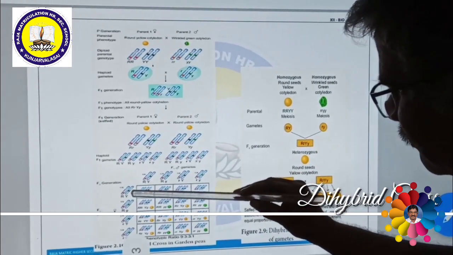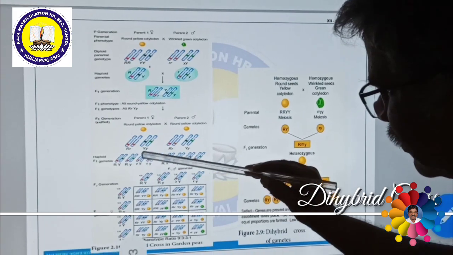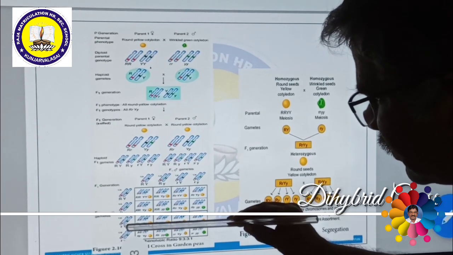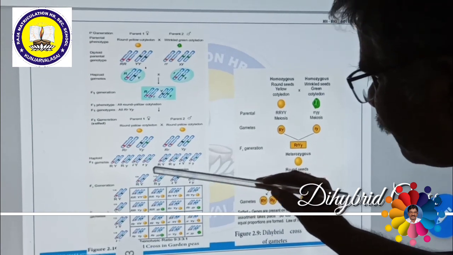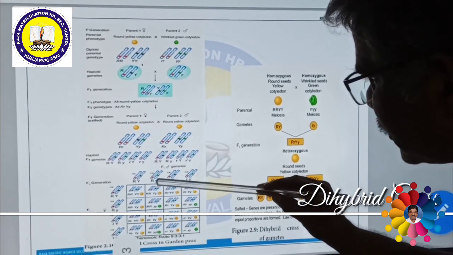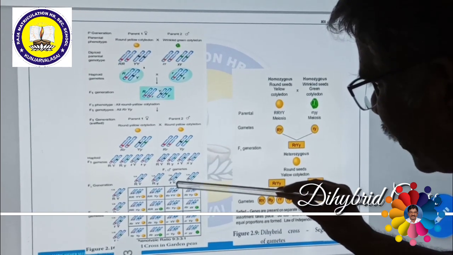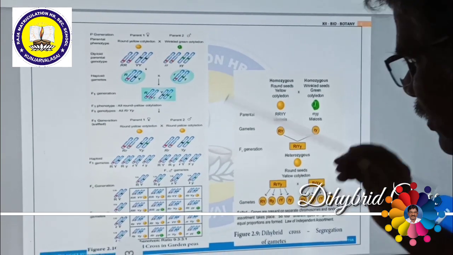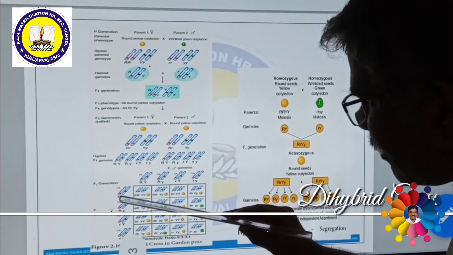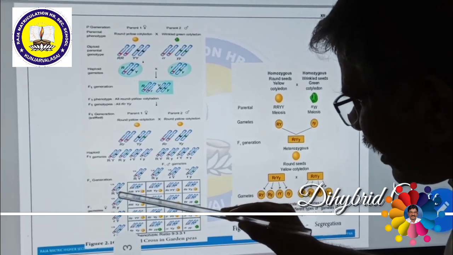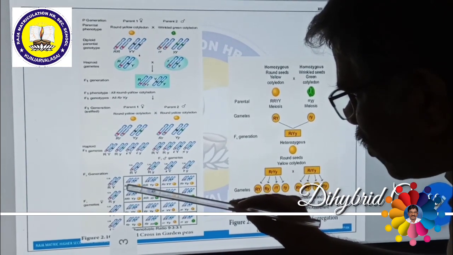Capital R, capital Y, capital R, small y, small r, capital Y, small r, small y. This side, capital R, capital Y, capital R, small y, small r, capital Y, small r, small y. Now cross. In this cross, capital R, round, capital Y, yellow: round, yellow.